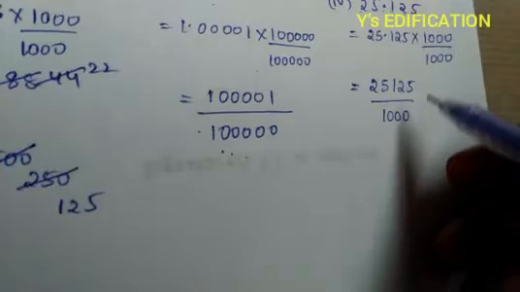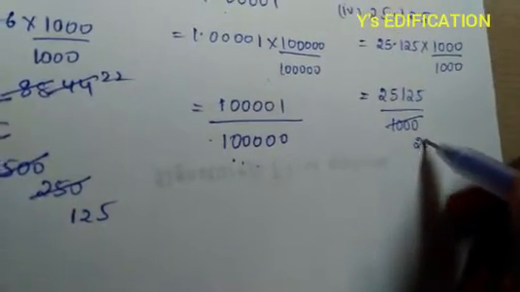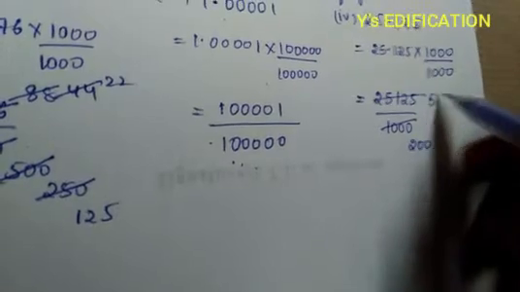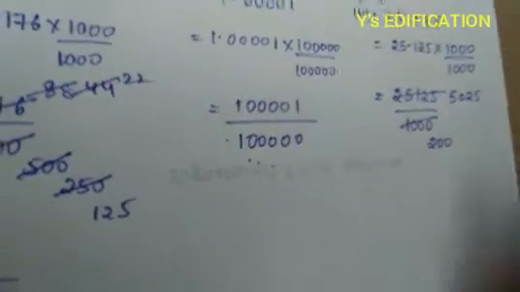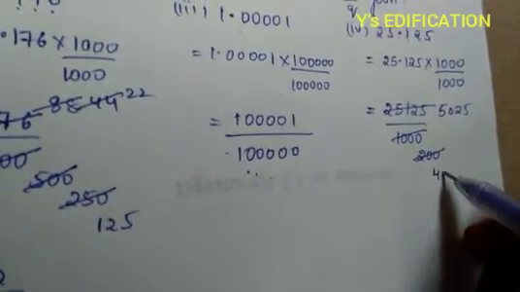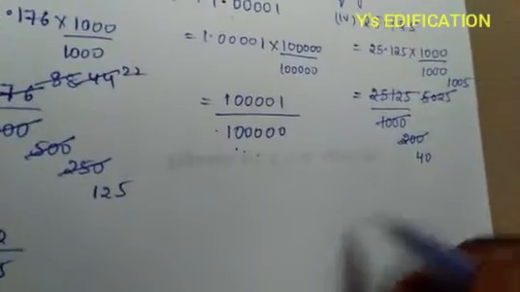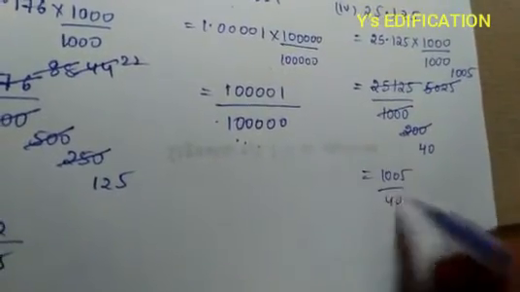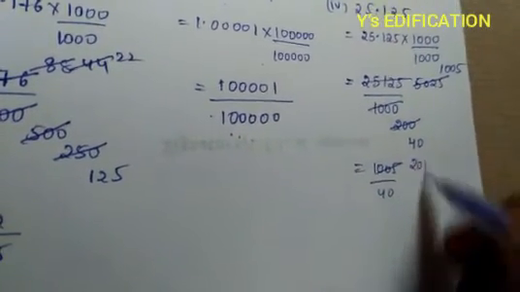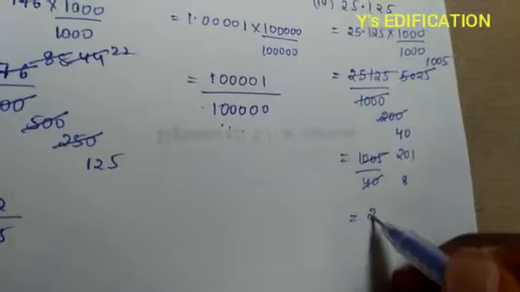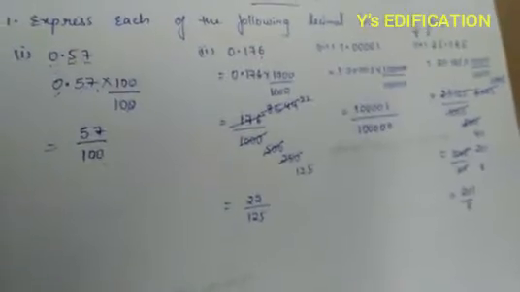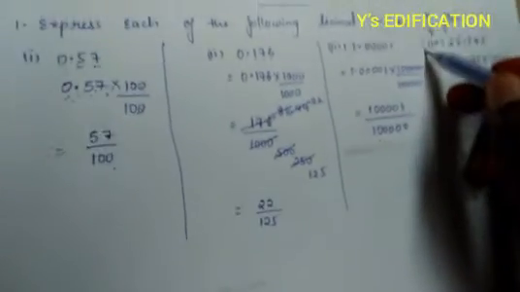I can cancel this with the 5 table: 5 into 200, 5 into 5025, then 5 into 40, 5 into 1005. So 1005 by 40, I can cancel with 5 again, giving 201 by 8. So the answer is 201 by 8. In this way, we can convert a decimal number into a rational number. All these numbers are terminating decimals.